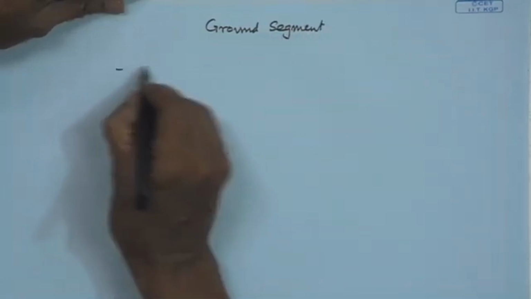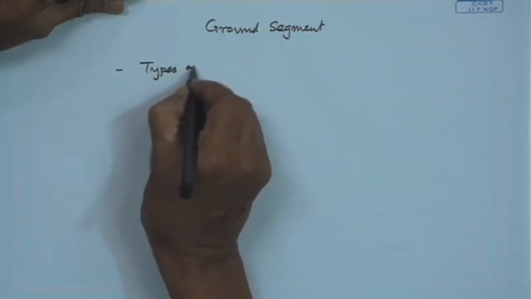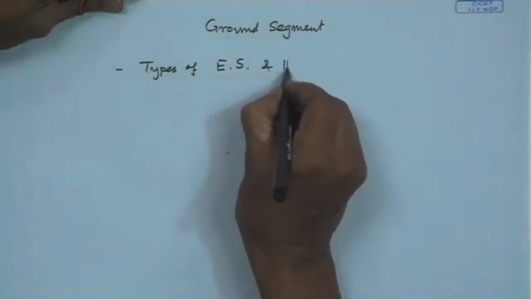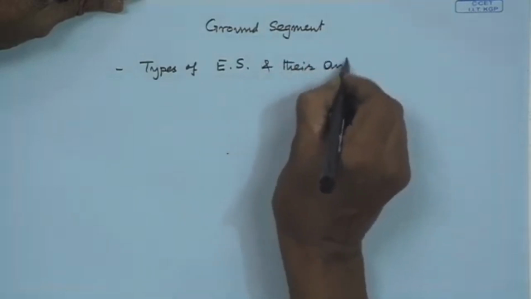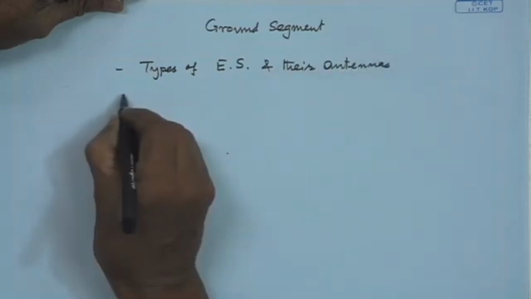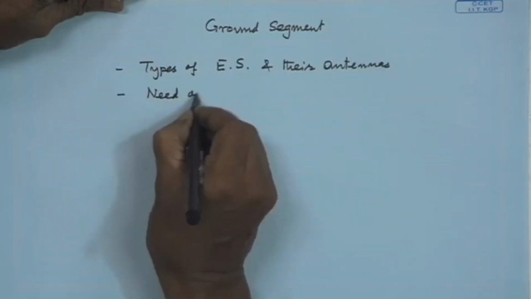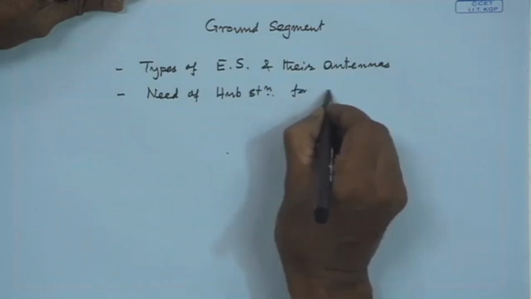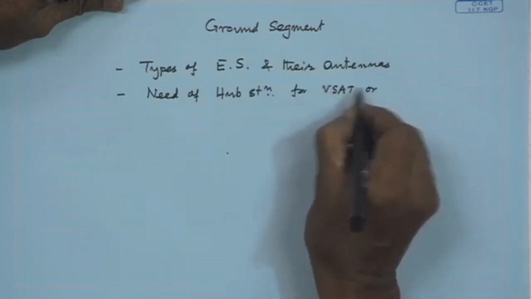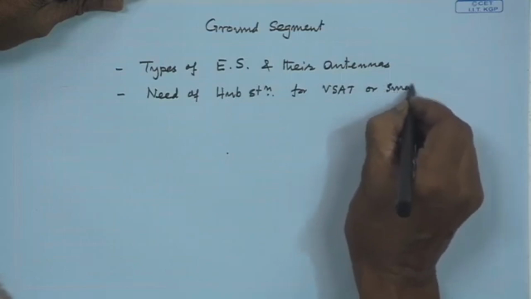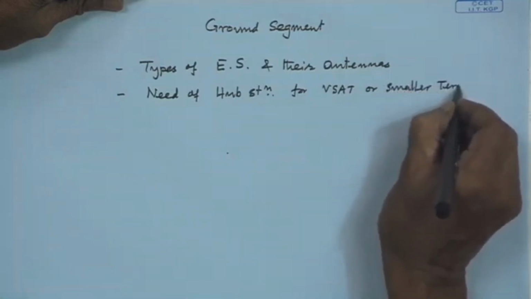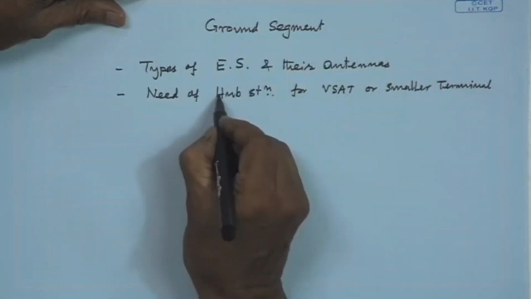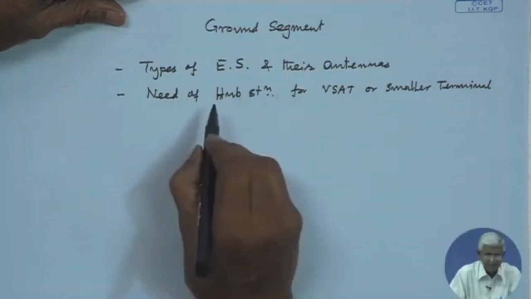What was covered is the types of earth station and their antennas, then the need of hub station for VSAT, or it is true for smaller terminals. By that I mean that mobiles or sat phones also will need a hub station. For the need of that, we did some calculation.